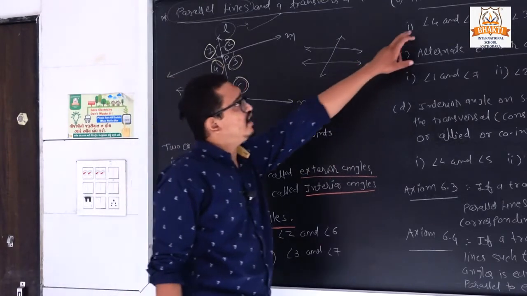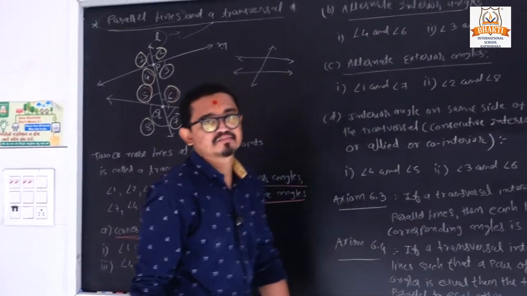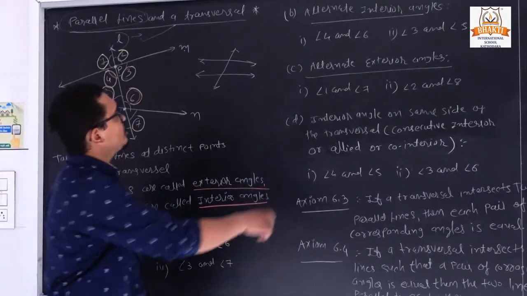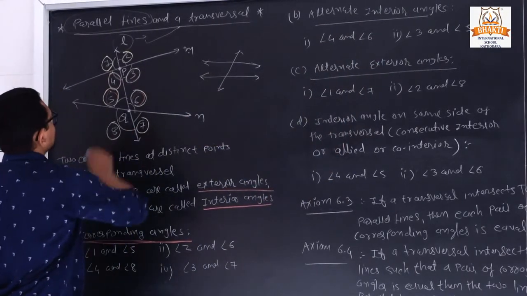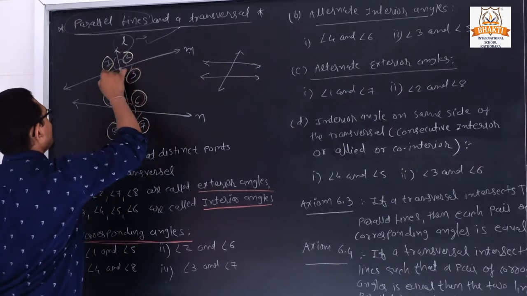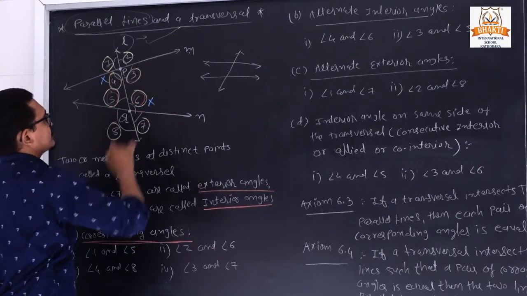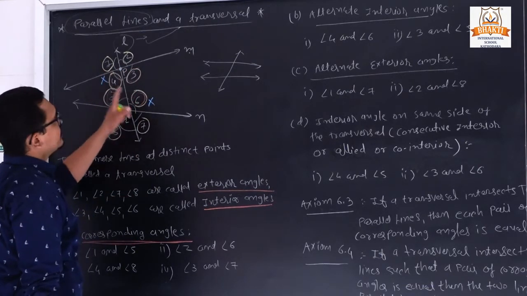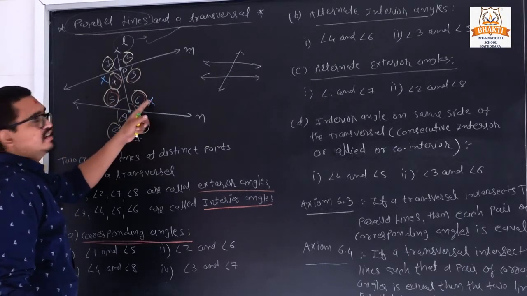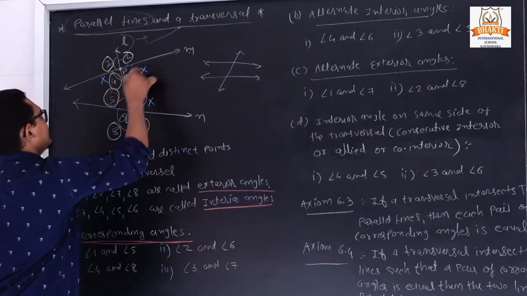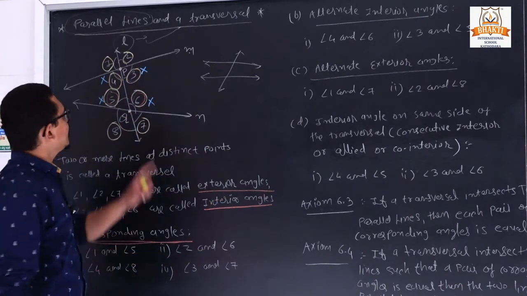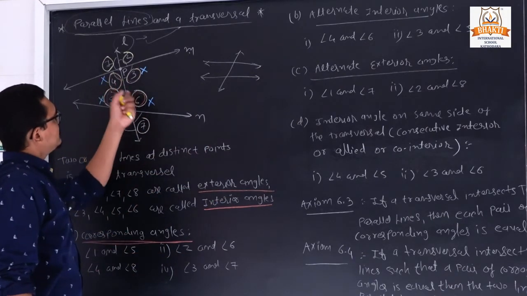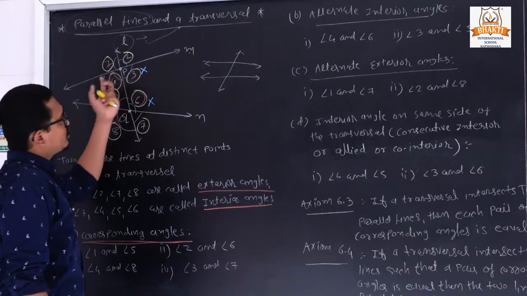Next, alternate interior. Alternate interior means what? 4 and 6. Here you can see that they are exactly opposite. This is known as an alternate interior, and these 3 and 5 are once again alternate interior. Alternate means opposite, on opposite sides.